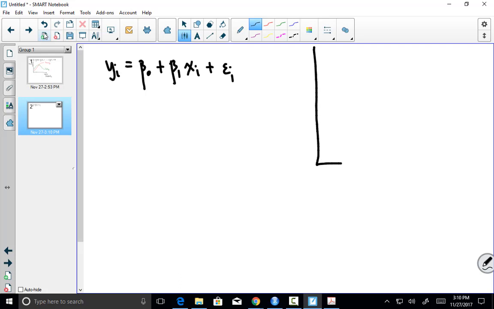So our data can be represented as a scatter plot. Each observation, each individual has a response and a predictor variable that's measured. If that's our data set, we have a sample of size n, observations taken from an appropriate population.